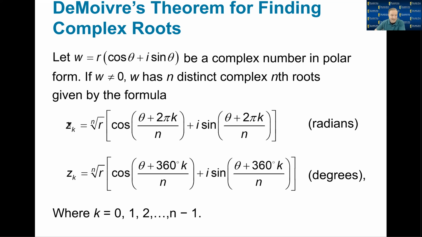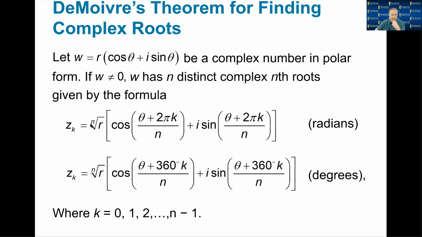What you'll say is that z sub k, where k is equal to 0 up to n minus 1. So, for example, if it's the cube root, then n is 3. K is going to be 0, 1, and 2. You're going to have 3 answers for k. If it's the 7th root, you're going to have 7 solutions, with k equal to the values 0 up to 6. It's always up to n minus 1.